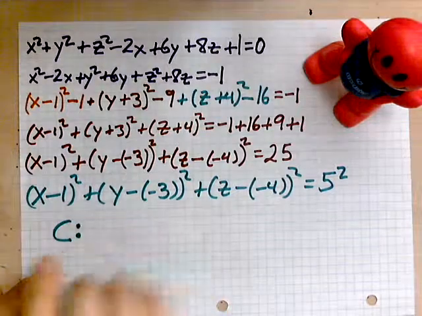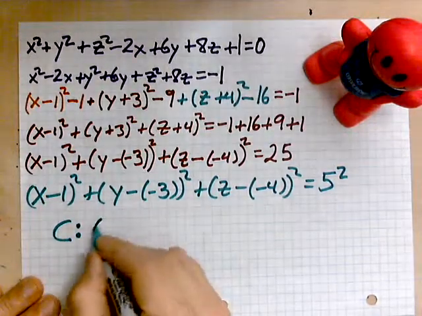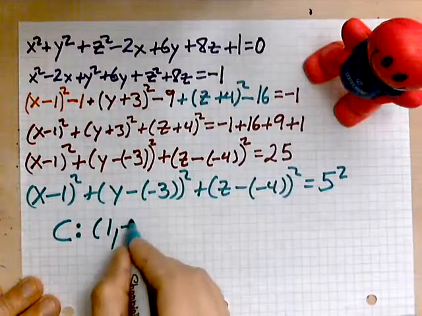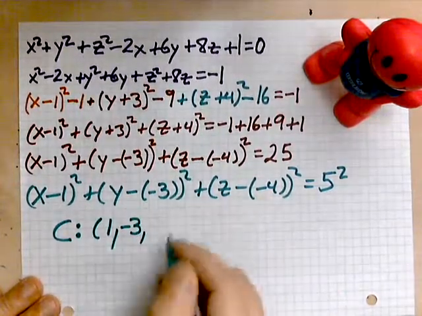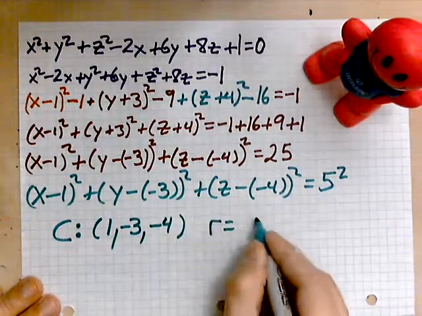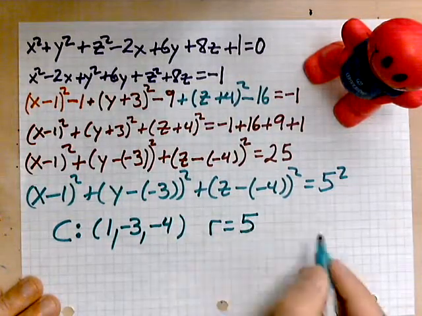The center of the sphere can now be read off as x is 1, y is negative 3, and z is negative 4. And the radius of our sphere can be determined to be 5.